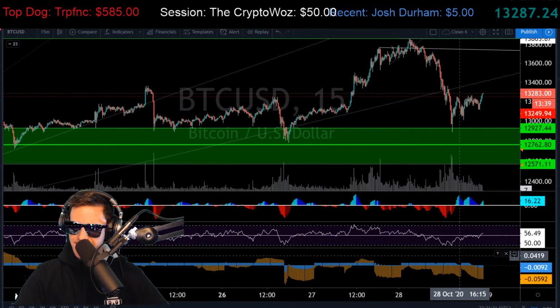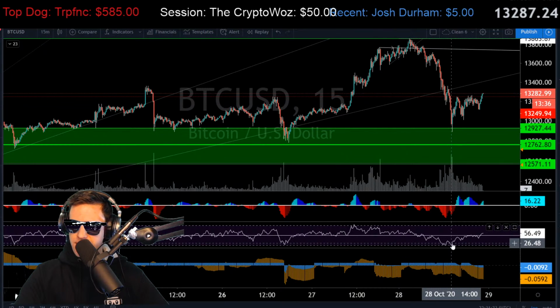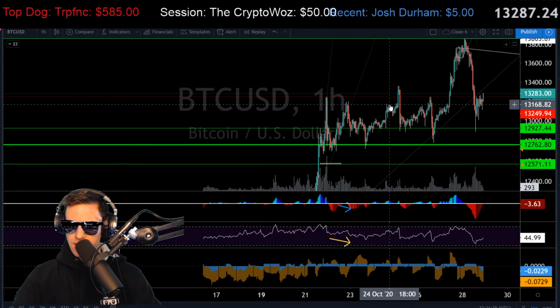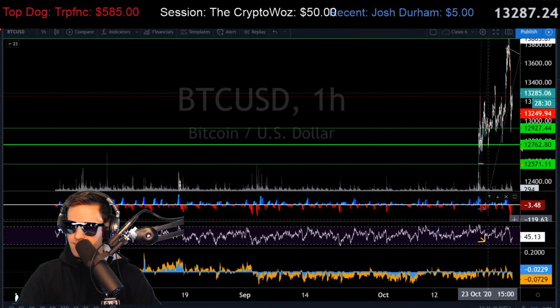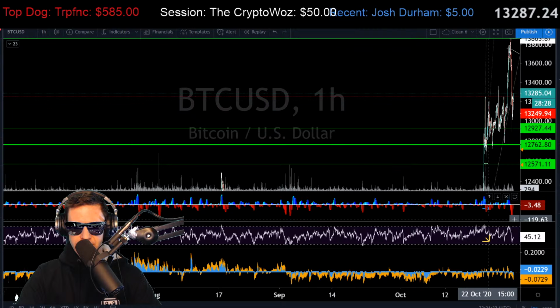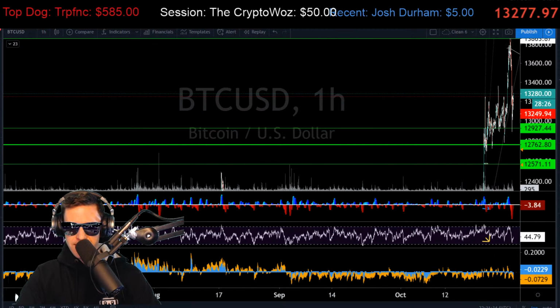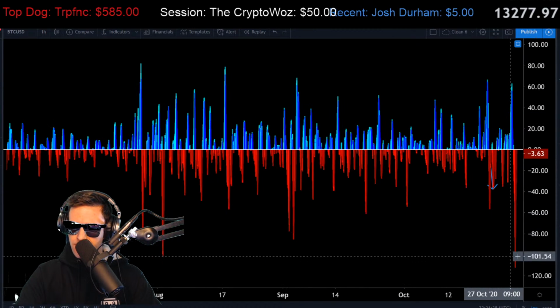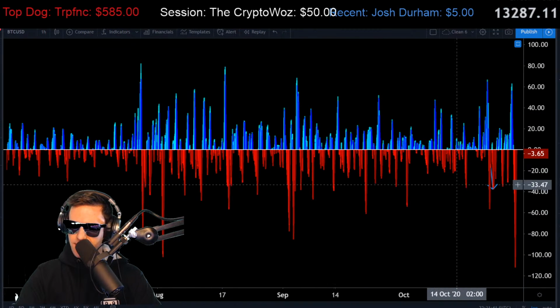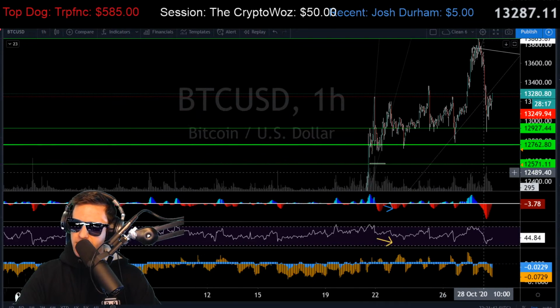If we look at indicators, man, we have on the hour a massive MACD swing low, unrivaled on the hourly. As far back as we can see, July, August, nothing even comes close to how low that MACD swung on the hourly, and it accomplished nothing.